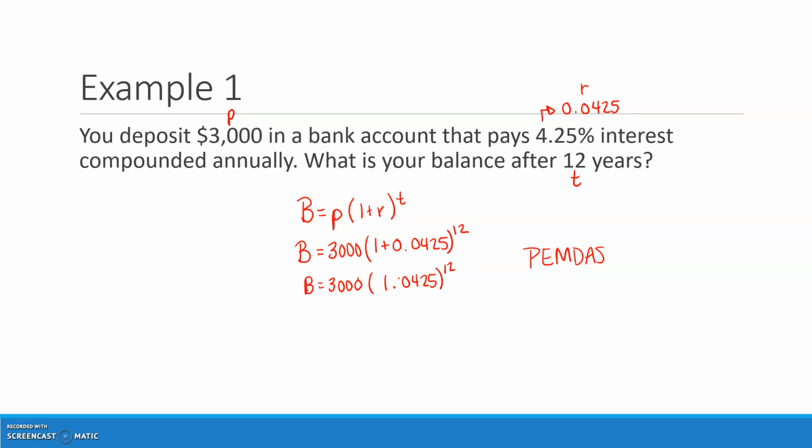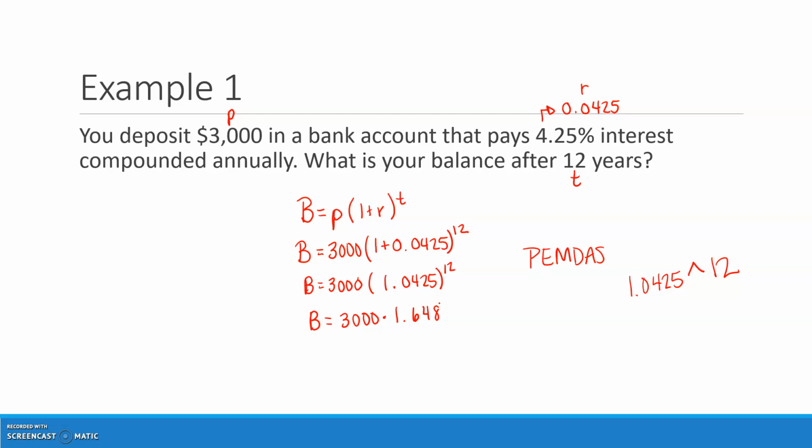Next, I need to raise 1.0425 to the 12th power. So remember, on your calculator, there's the little button that looks like this. So you'll do 1.0425, and then I call it a caret to the 12th power. And when we do that, sorry, I got to put it in my own calculator, we should get 1.648. I'm going to do 3 decimals.